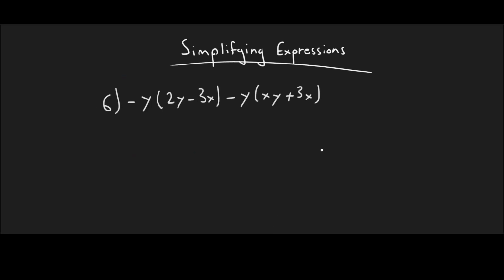So for our sixth problem, we have negative y times 2y minus 3x, minus y multiplied by xy plus 3x. So the first thing you do is, as always, expand the brackets. So we multiply the negative y by 2y and multiply negative y by negative 3x.